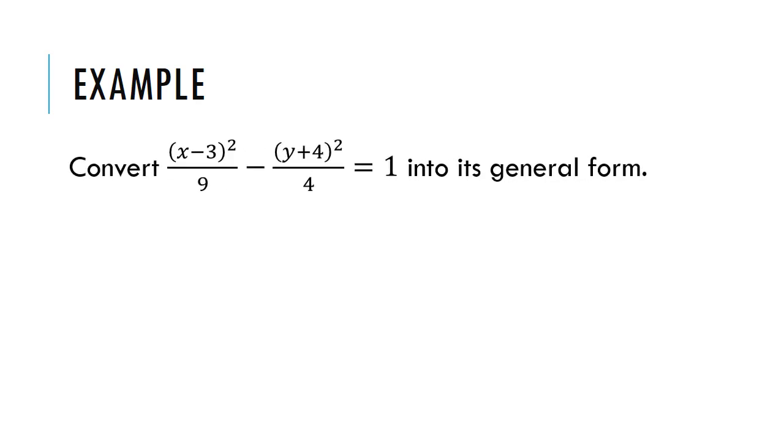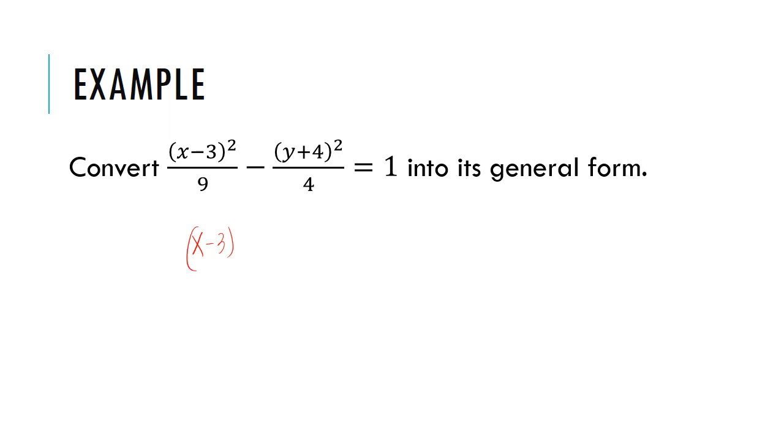What if it's the other way around? We are given the standard form and we transform it to its general form. I think it's easier because all we are going to do is expand the square of the binomial and also eliminate the fractions if possible.